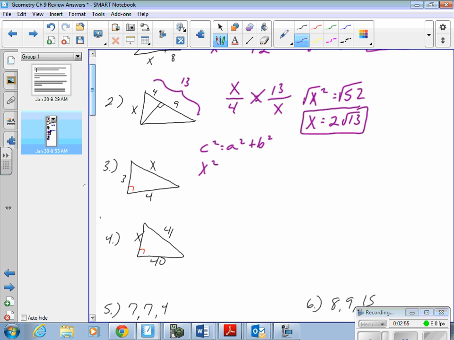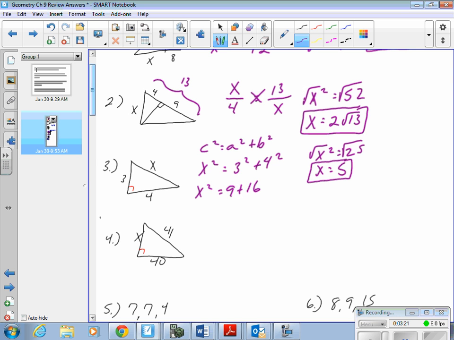So we're going to say x squared equals 3 squared plus 4 squared, or x squared equals 9 plus 16, which will become x squared equals 25. So then to solve for x, we take the square root of both sides, and our x value is going to be 5.